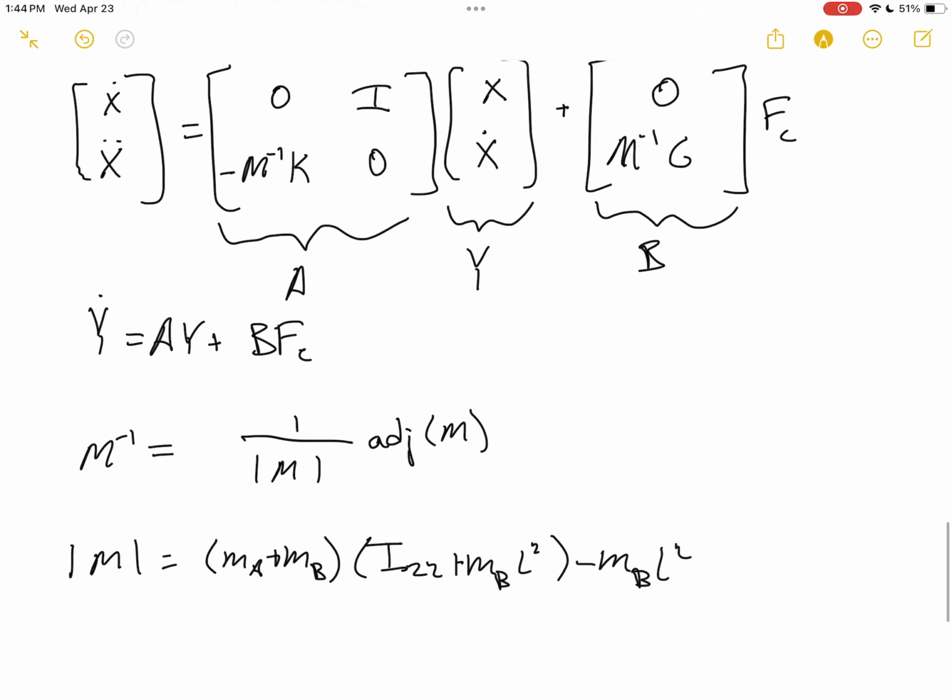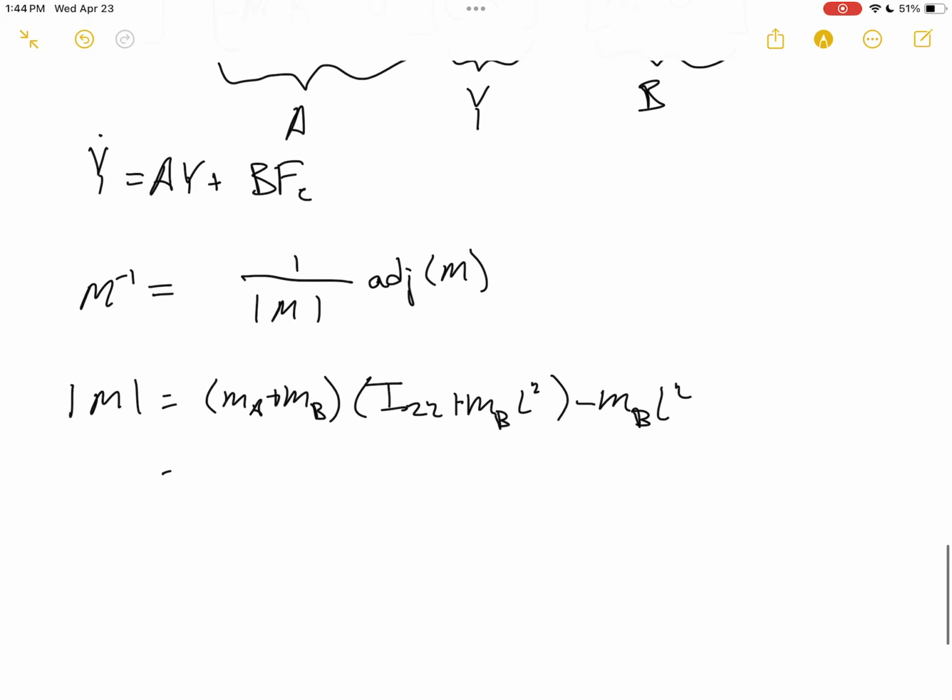I'll go ahead and simplify and rewrite that. The determinant of M is equal to Izz (ma plus mb) plus ma mb l squared.